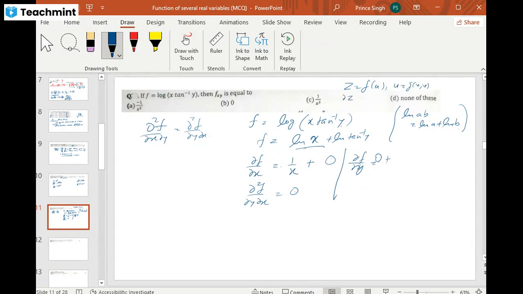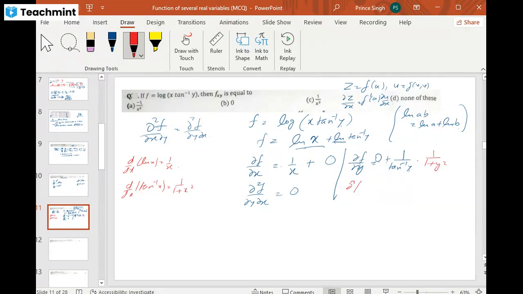So if I want to find its derivative with respect to x, first I differentiate the outer function and then differentiate u with respect to x. Its derivative is 1 upon tan inverse y, because the derivative of log x is 1 upon x, and the derivative of tan inverse x is 1 upon 1 plus x square, into the derivative of tan inverse y, which is 1 upon 1 plus y square.